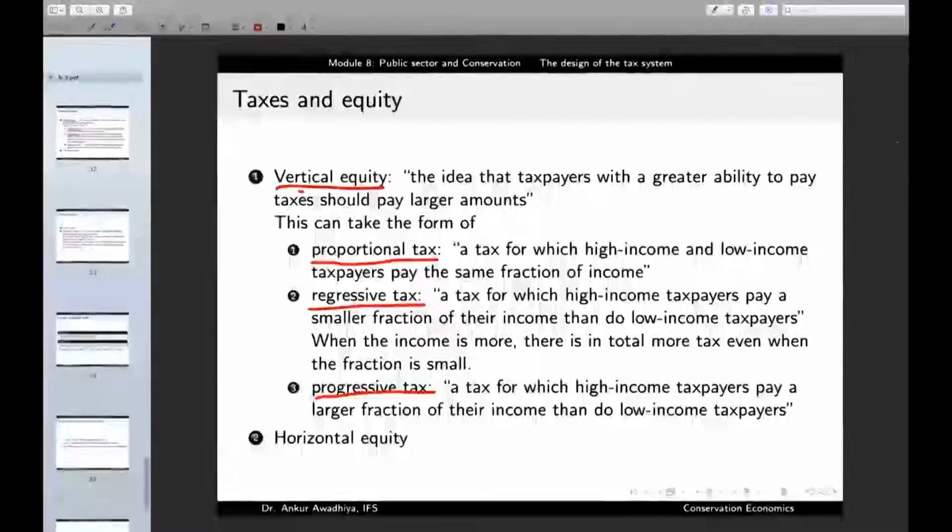And if you tax the rich people with a greater fraction of their income, are you not disincentivizing them to be rich? So, do you want to convert the country into a bunch of poor people? These are questions that are not just economics questions, these are also philosophical questions. So this is vertical equity.